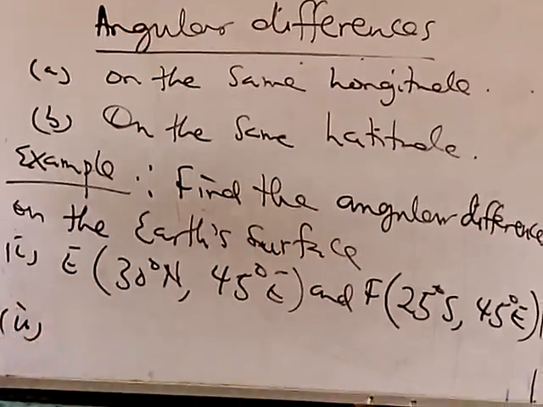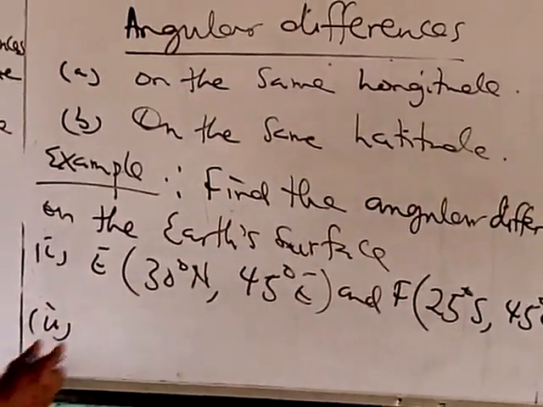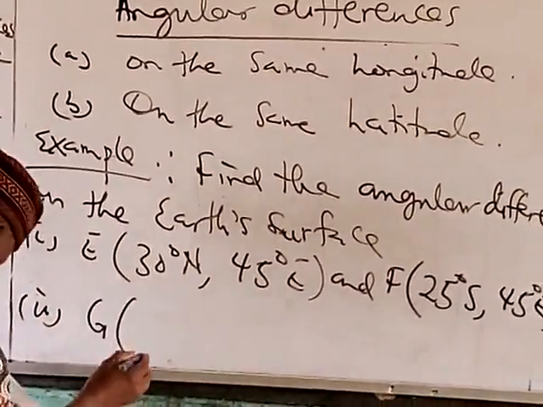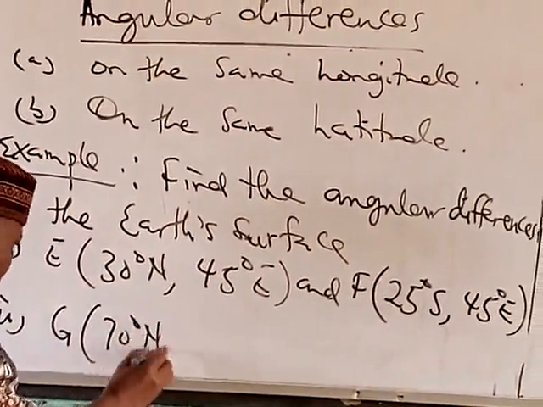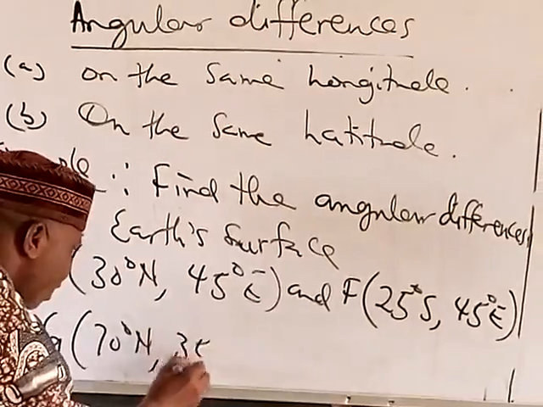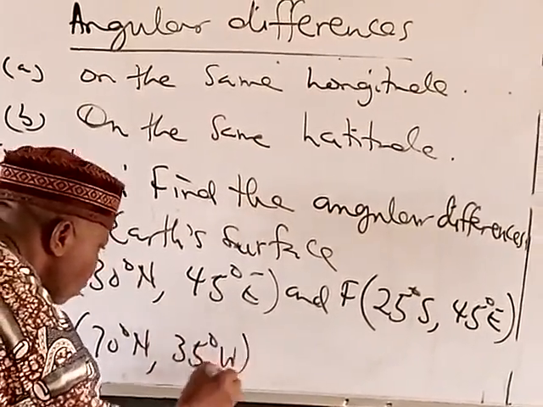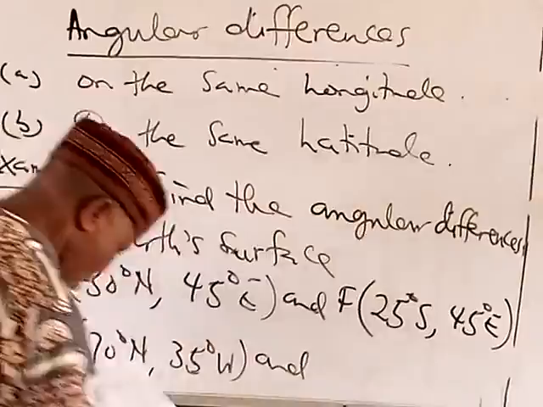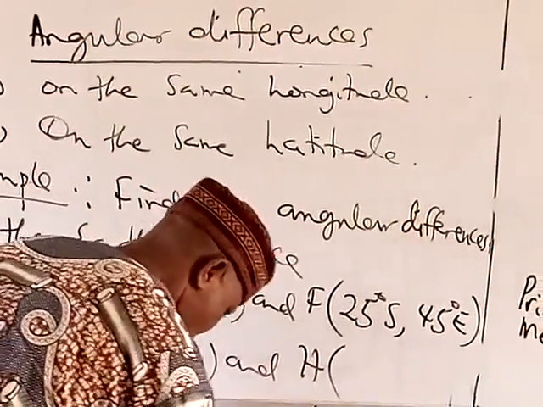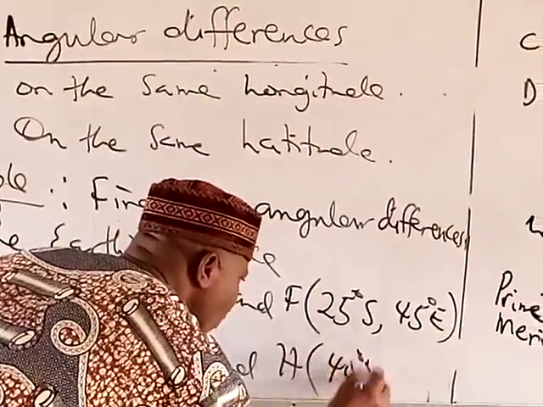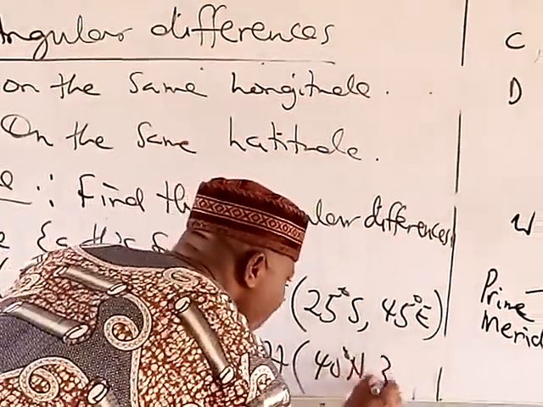Two, G 70° north, 35° west, and H 40° north, 35° west.